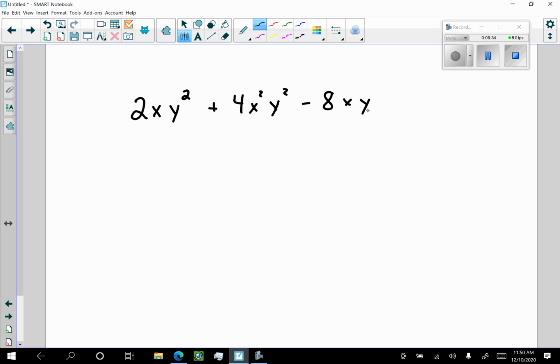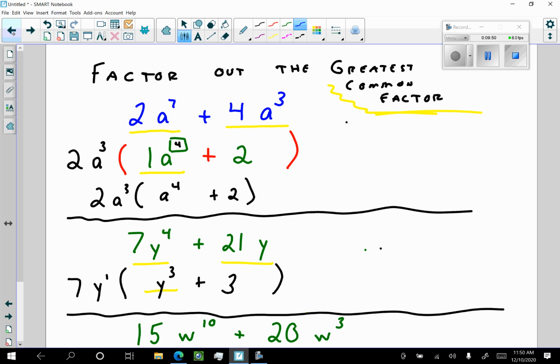Don't get freaked out. Step number 1, don't get freaked out. I have 3 terms, and I want to factor out the greatest common factor. Keep in mind, we're always going to factor out the greatest common factor. That's what GCF is, the greatest common factor.